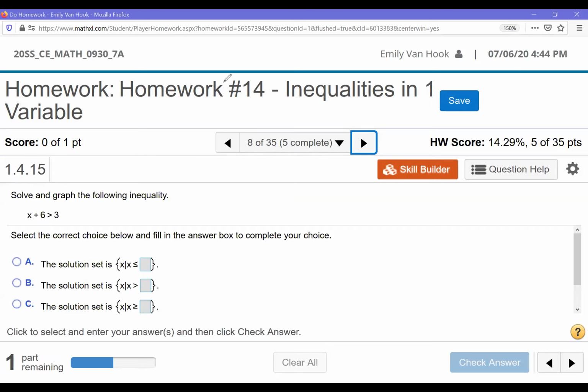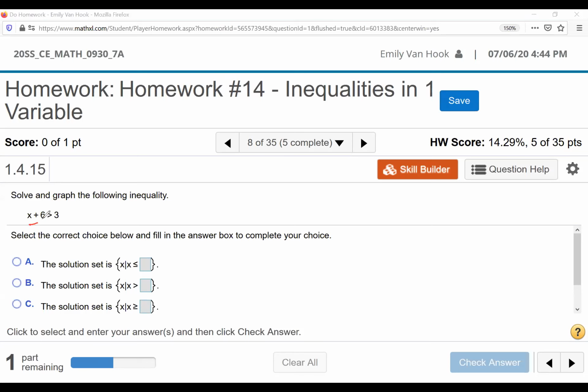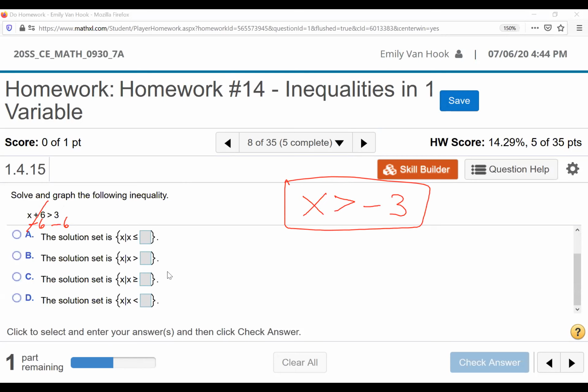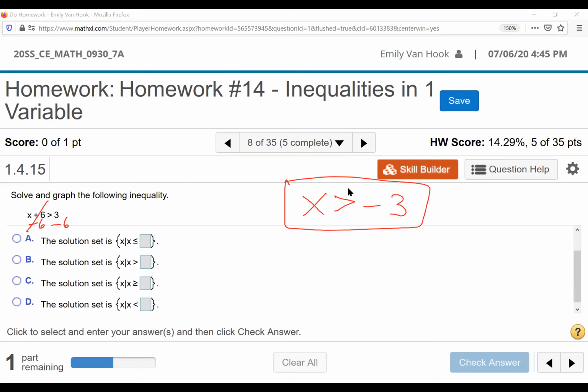Okay, so let's get x by itself. Because there's a plus 6, we'll have to subtract 6 on both sides. So then we're left with x is greater than 3 minus 6, which is negative 3. So x is greater than negative 3. Okay, now look at this multiple choice option down here. We need to choose the one that has the correct inequality sign.